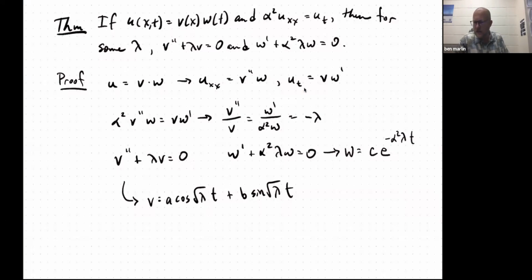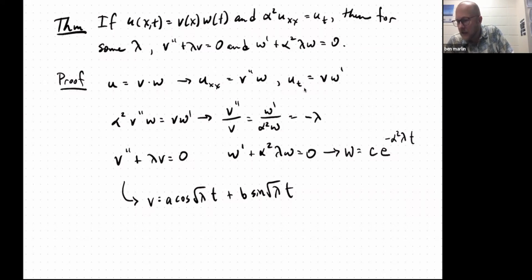All right, so separation of variables, yay. Here is our main theorem that we need to think about. We're going to look at a particular differential equation, this one with alpha squared u sub xx equals u sub t. So, second derivative with respect to x, and one derivative with respect to t.